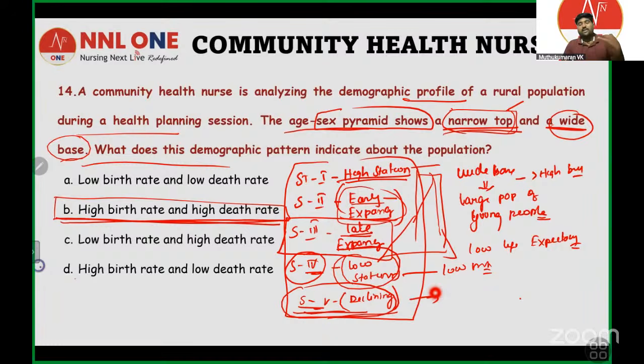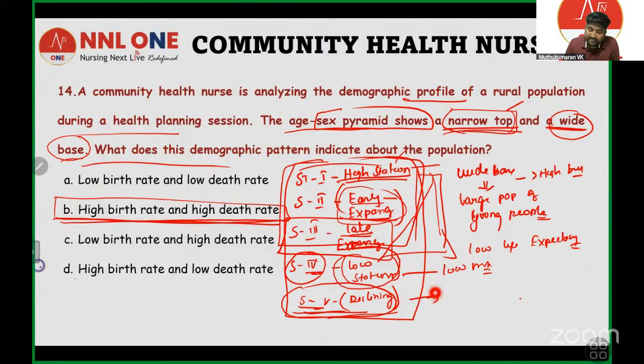In your exam, I expect they will ask about high stationary or late expanding, or they will mention the stages and ask you to explain them, so interpret the question. Or they will give a high birth rate and high death rate. Mostly they will ask about these first three components only. This is the highly confusing area.